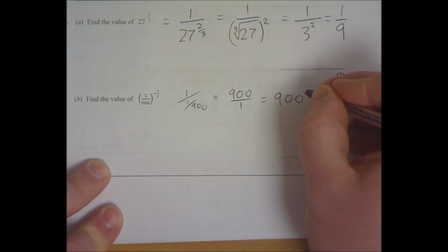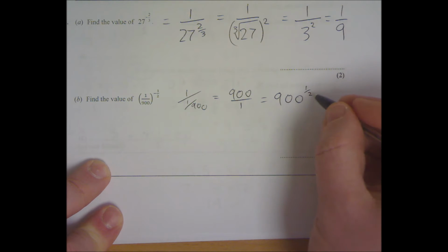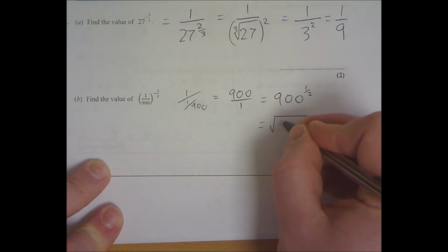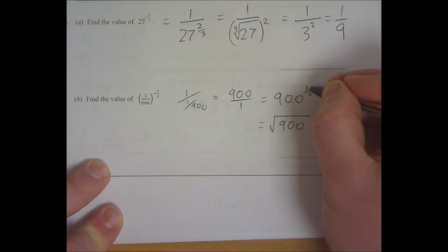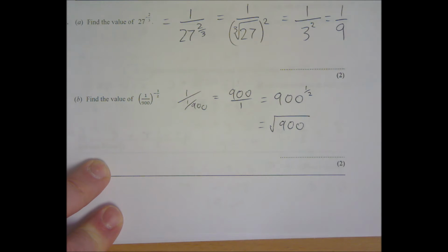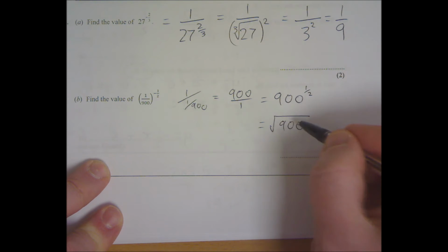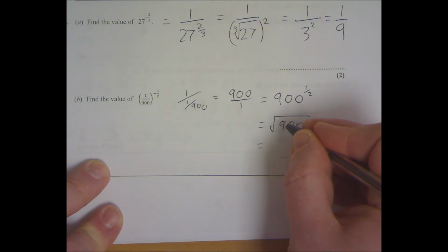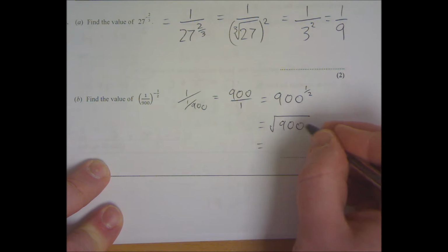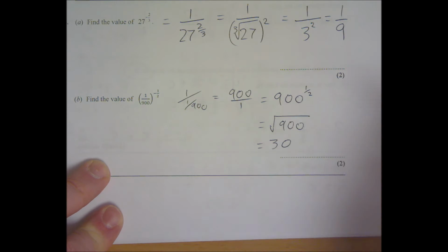And that's to the power of a half. If something's to the power of half, that means I'm square rooting the 900. Because the numerator is 1, I don't need to worry about that. Square root of 900, well, we can see that square root of 9 is 3. I've got 2 zeros there, so the square root of 900 must be 30.